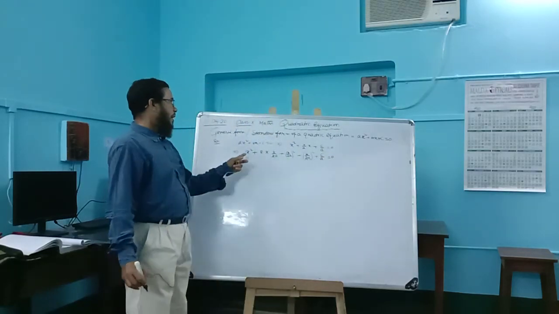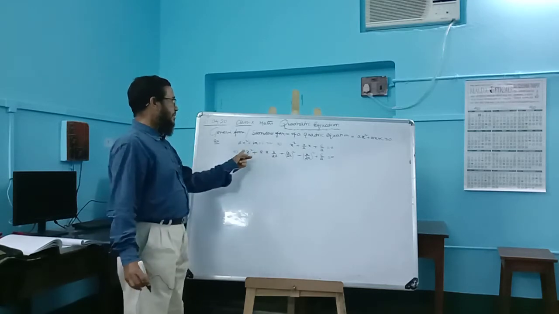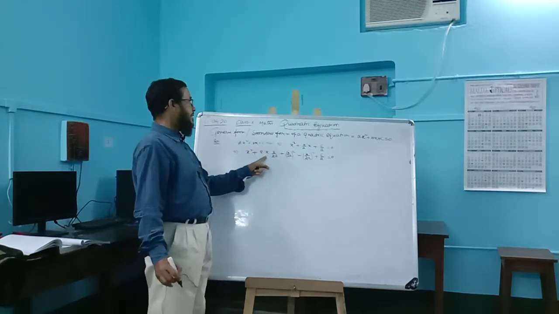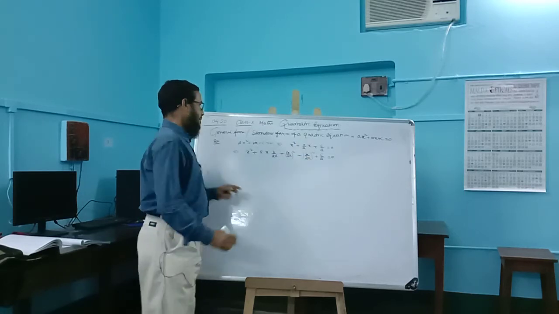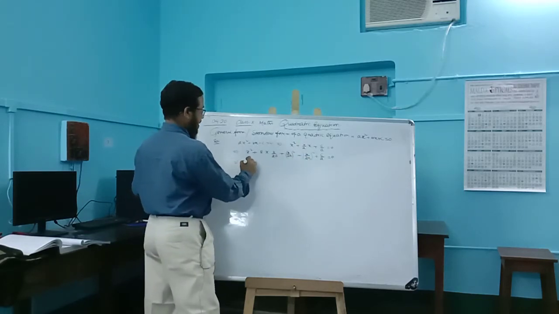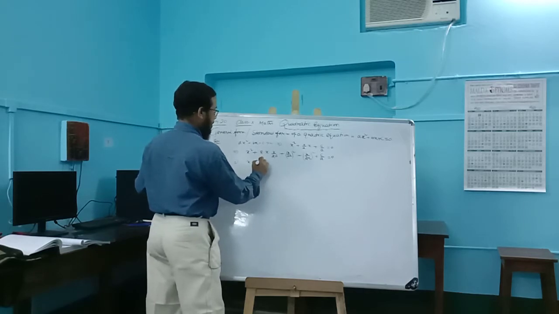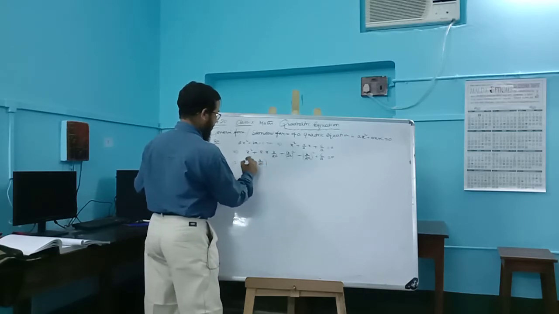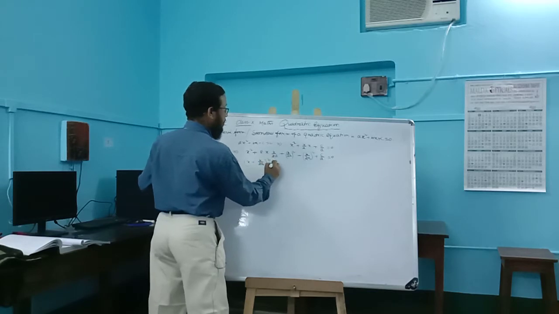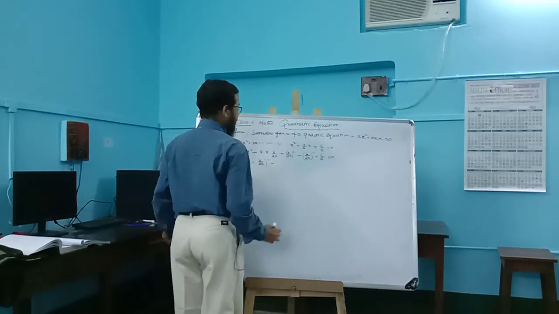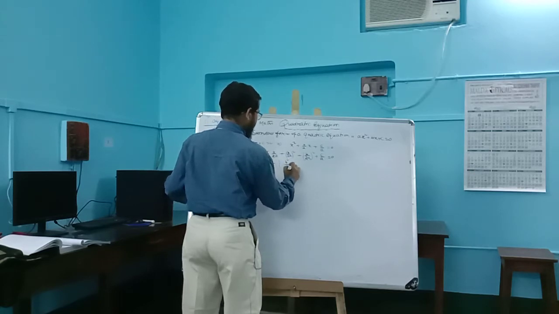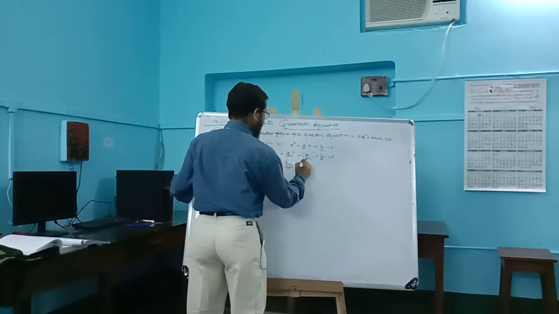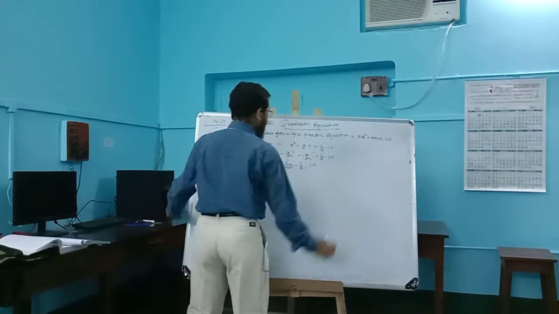To make a formula a plus b whole square, it is done. First term remains invariant, second term written in this form. This term is taken, subtracted this. This implies x plus b by 2a whole square minus b square by 4a square minus c by a equal to 0.